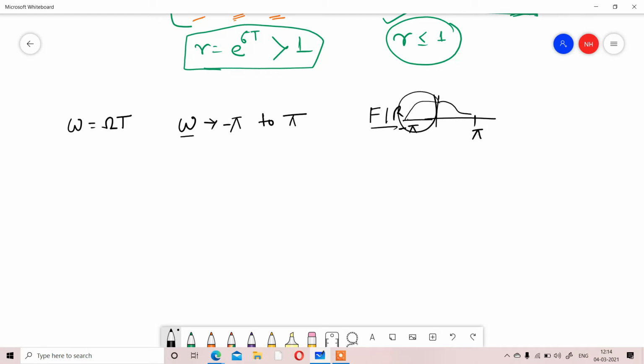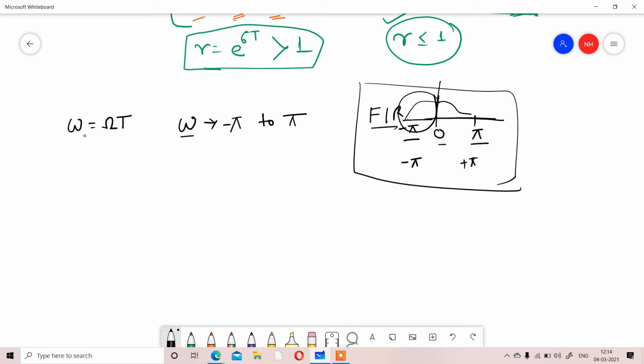So to design the filter, we are considering only the positive part, and the positive part varies from 0 to pi. So the total range for a filter in digital format is from minus pi to plus pi. Keep that in mind.